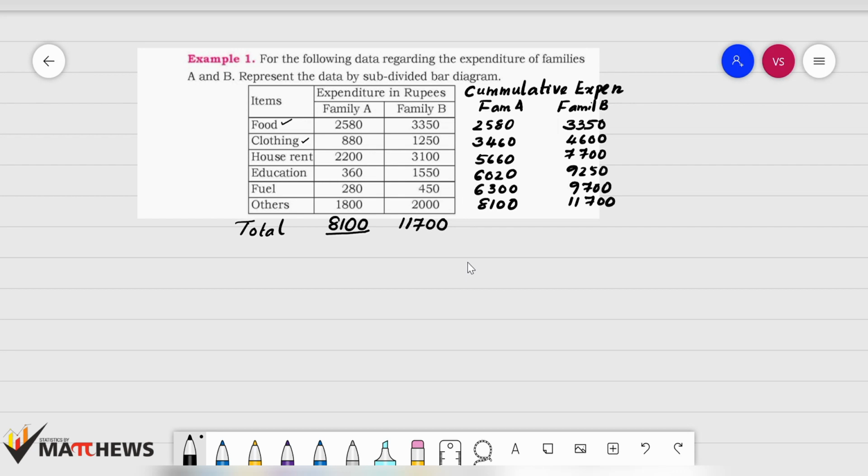So this is the calculation that, if you do it, you can do this problem very quickly, or draw this diagram very quickly as it has been told. We need to write the title.